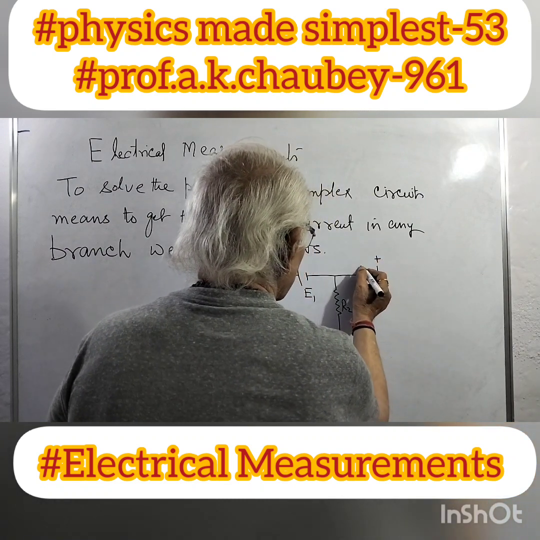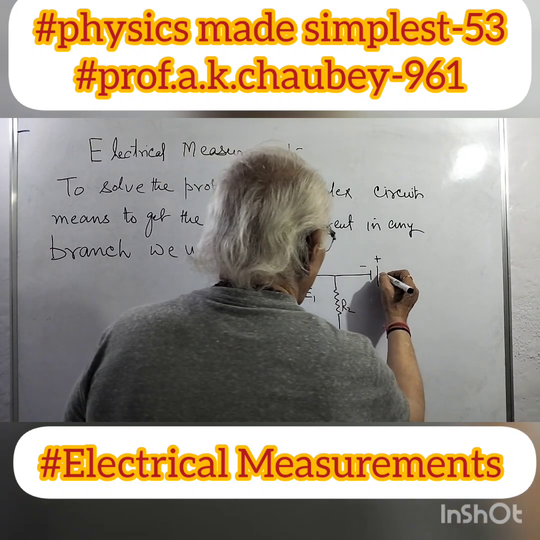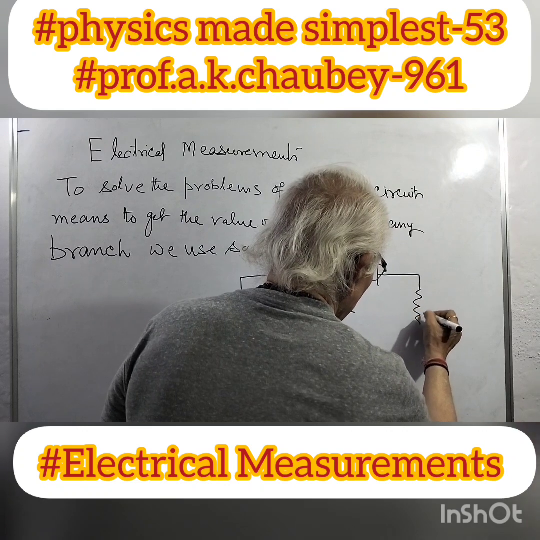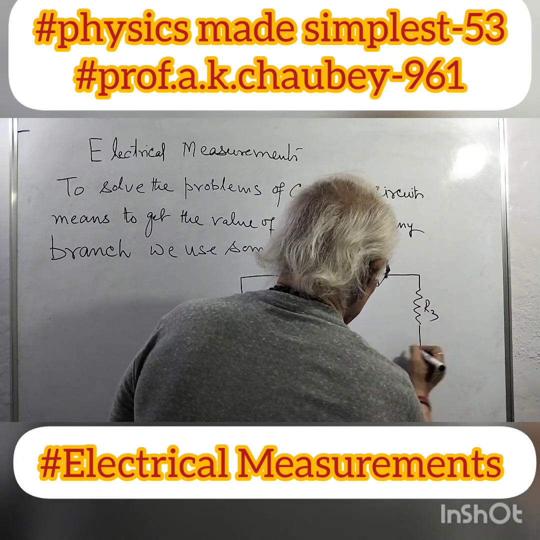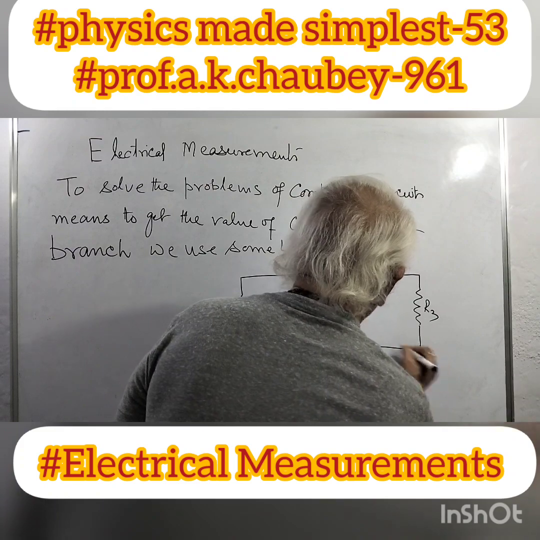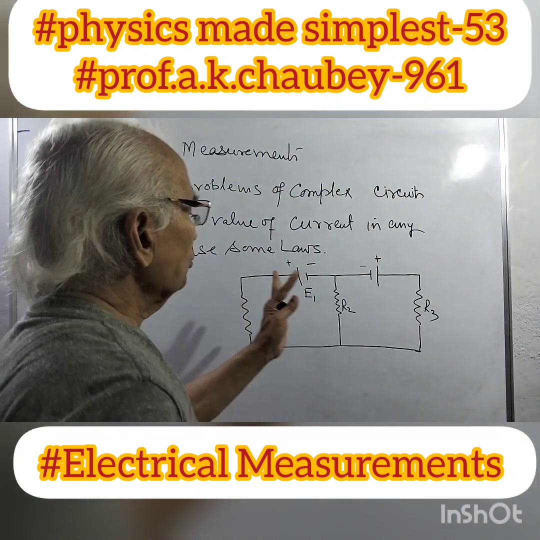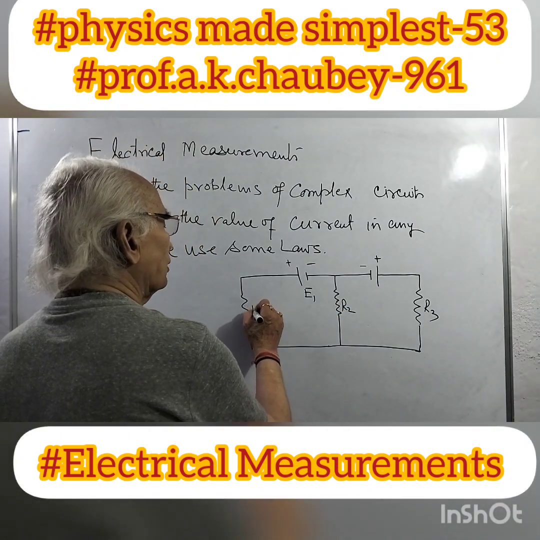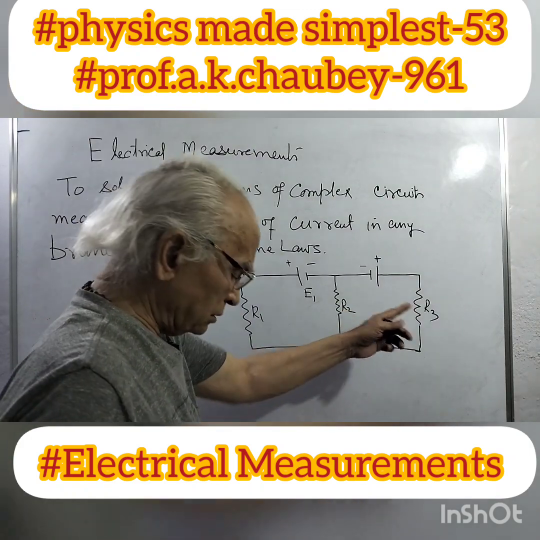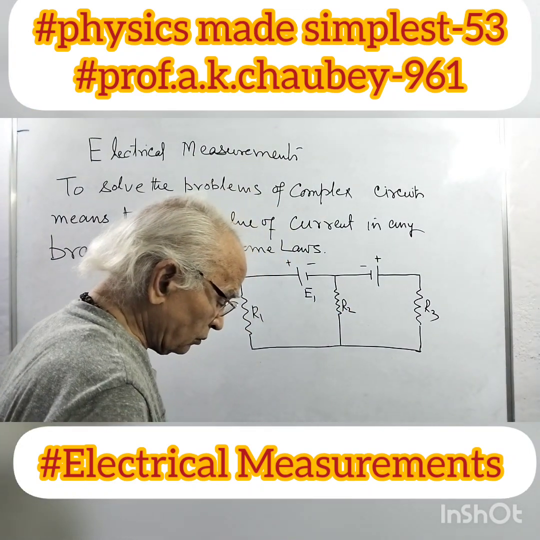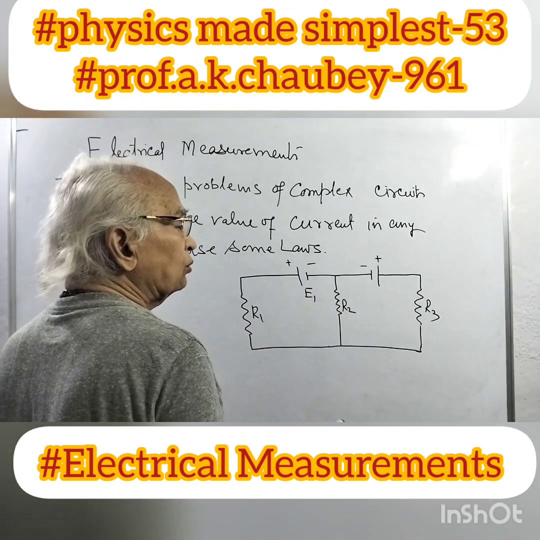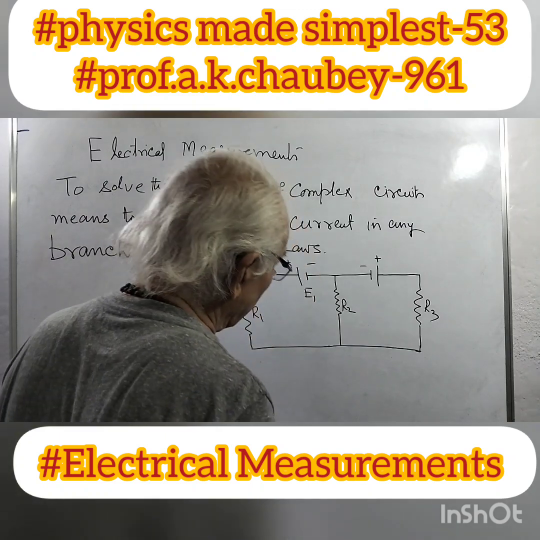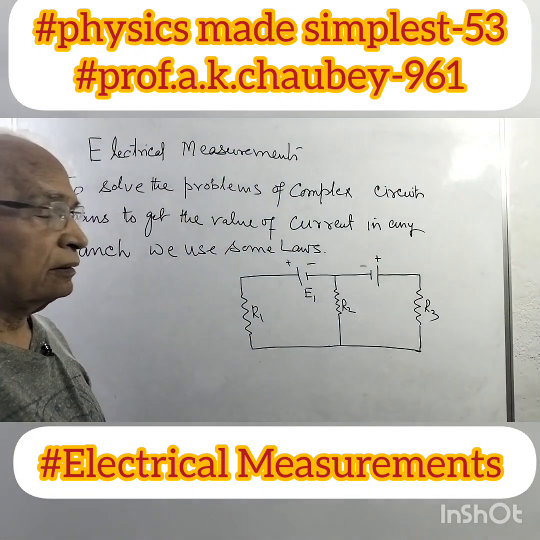This is the plus and this is the minus, this is the plus and this is the minus. And then we have a resistor here, R3. So such a circuit. We want to know the current in the different branches. We have two potential sources, and resistances R1, R2, R3. In such circuits, it is difficult to get the value of currents simply using Ohm's law. Ohm's law will not be sufficient.